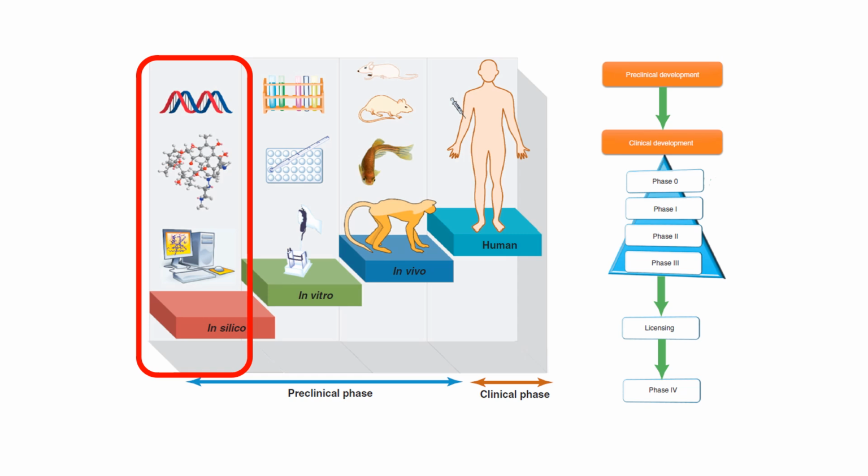On the right side, you can see the process of clinical testing. The last phase of clinical testing goes then to licensing, which means registration of the drug on the market as a trademark or registered mark.